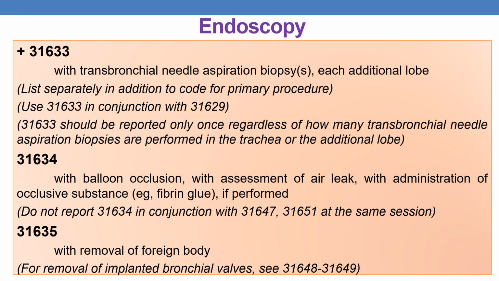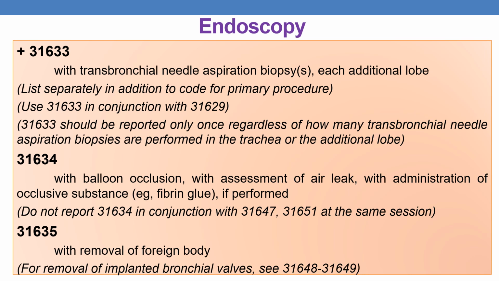For that, if an additional biopsy is performed on additional lobe, then you need to code plus 31633. And like we have said earlier, 31633 should be reported only once regardless of how many transbronchial needle aspiration biopsies are performed in the trachea or the additional lobe.